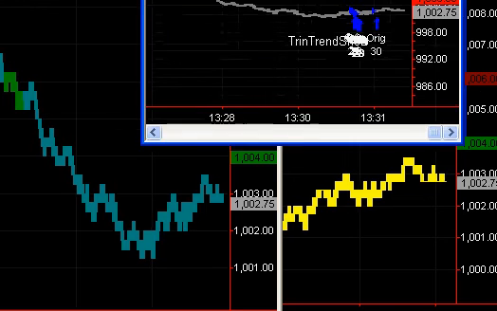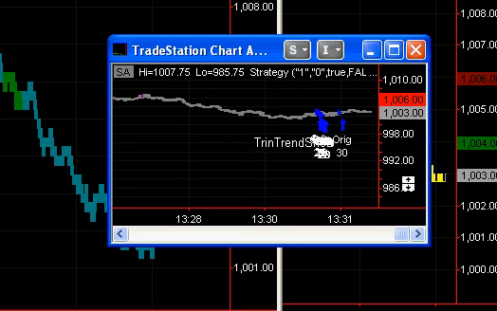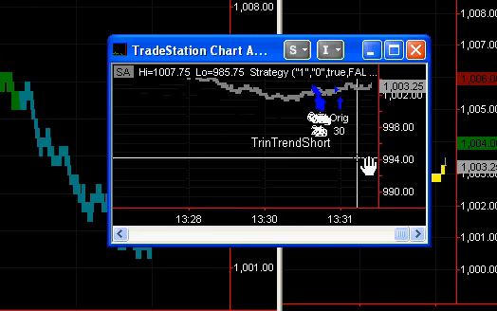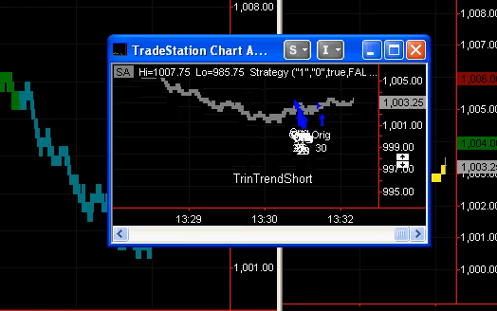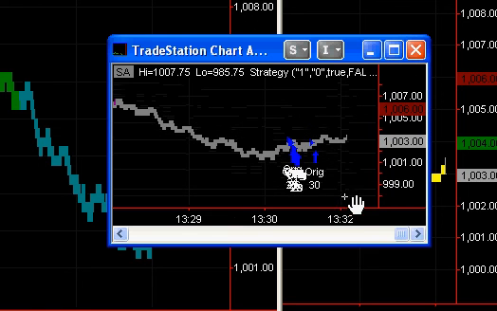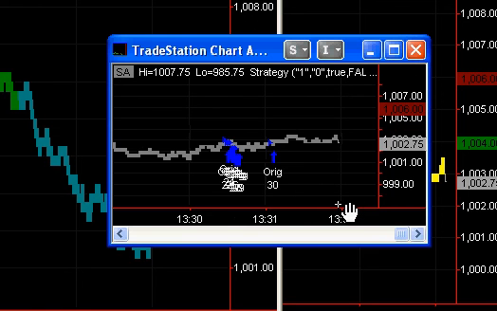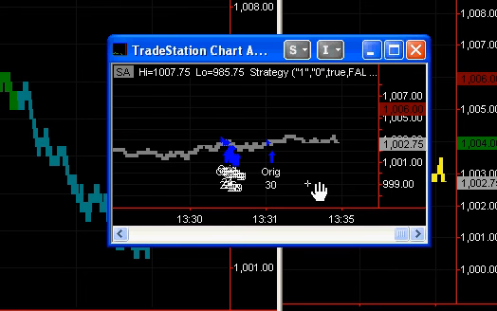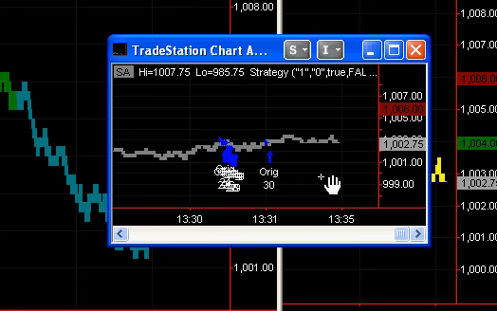Here we have just a few long trades being taken in here based upon some additional internal market indicators. But it would appear to us that the overall direction here is still short.